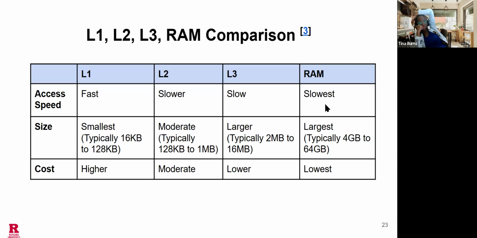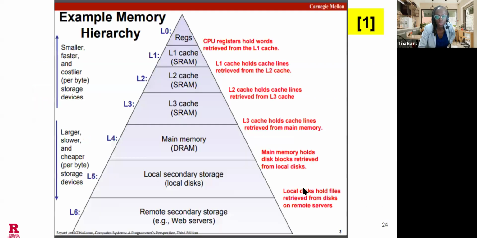And not only is it going to be the slowest, but it's going to be the largest, and it's going to be the most cost effective of the four memory types.